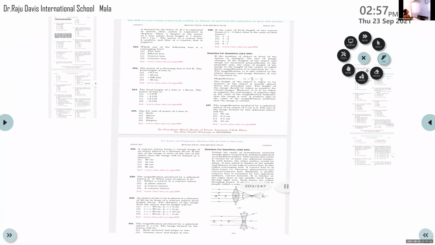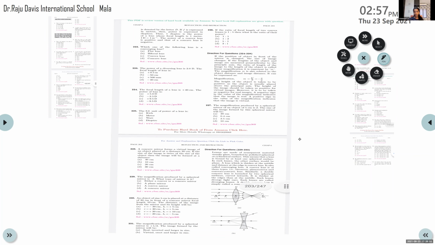Which one of the following lens is a converging lens? Flat lens, bifocal lens, convex lens, concave lens. Convex lens. Very good. Convex lens are called converging lens. And can you guess, just to correlate it with the mirrors, what type of mirrors are called converging mirrors?